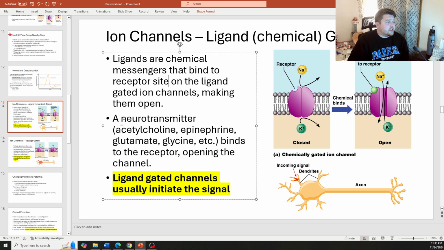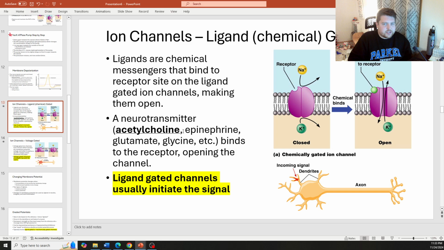Ligands are often, at least when we're talking about neurons, neurotransmitters such as acetylcholine, epinephrine, glutamate, glycine, dopamine, serotonin, etc. There's a bunch of different neurotransmitters. The main one we talk about, acetylcholine, is going to be your best friend for all of physiology and beyond. You talk about acetylcholine through most of the program, especially if you go down the neuro route like I did.